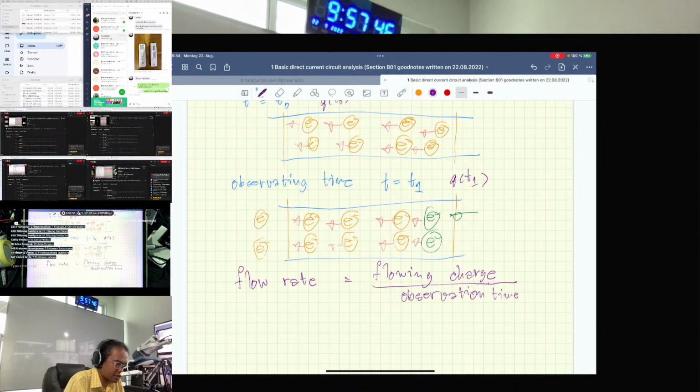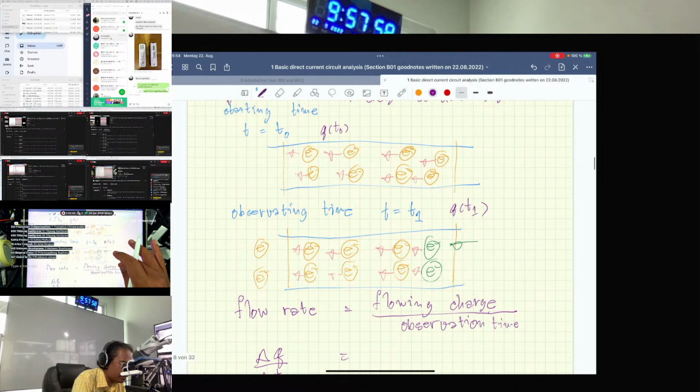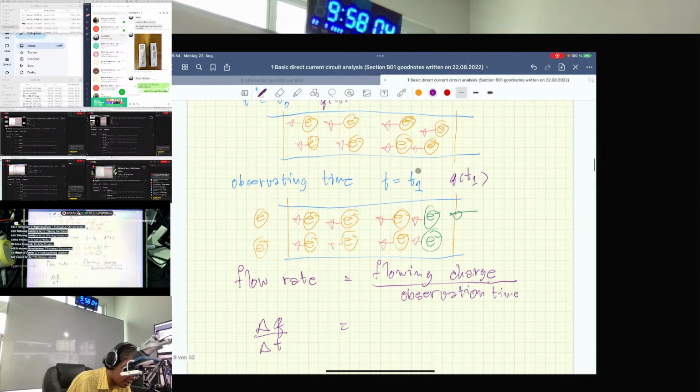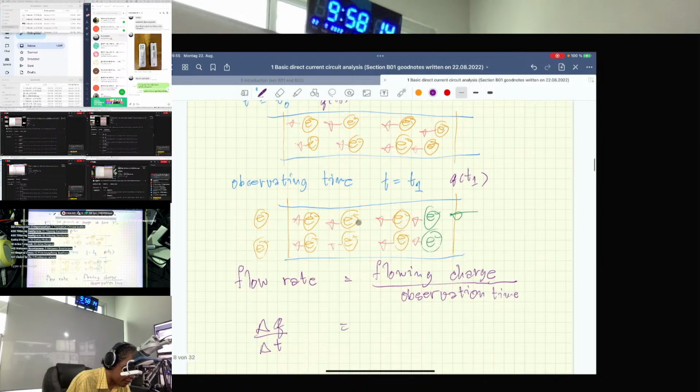Okay, per observation time, the flow rate will be written as delta Q by delta T. The flowing charge will be the difference between the charge at the second state, the final state, subtracted by the amount of charge at the starting time, right?